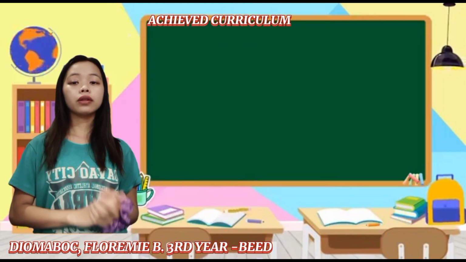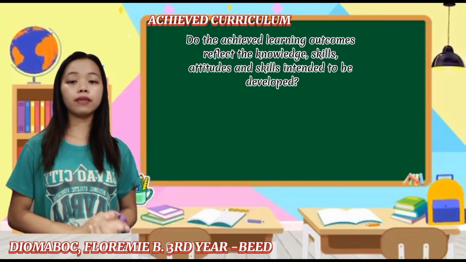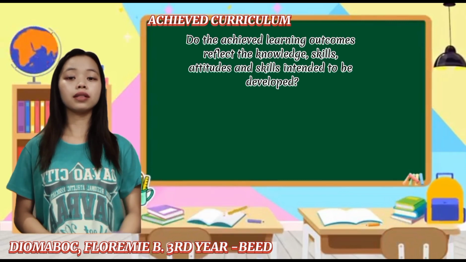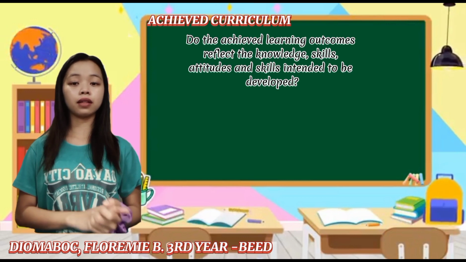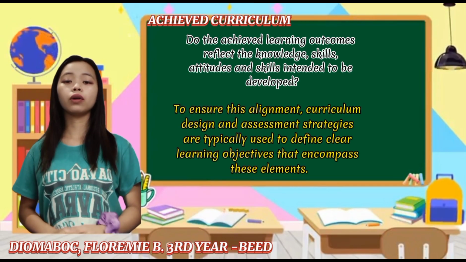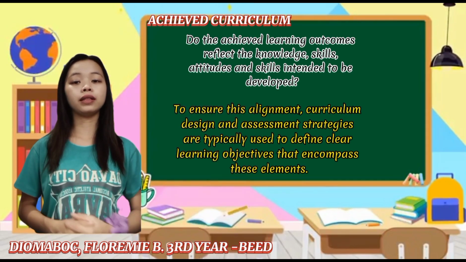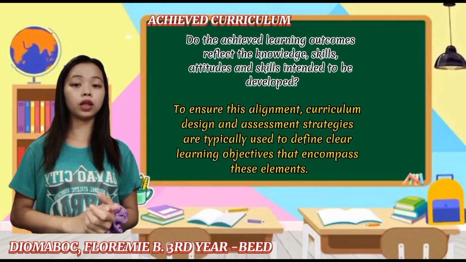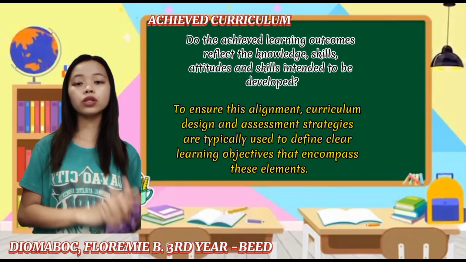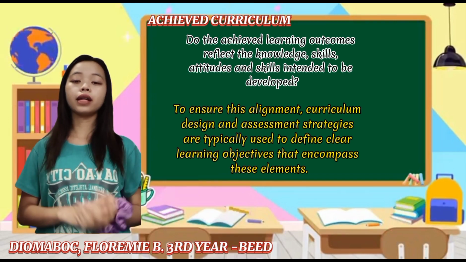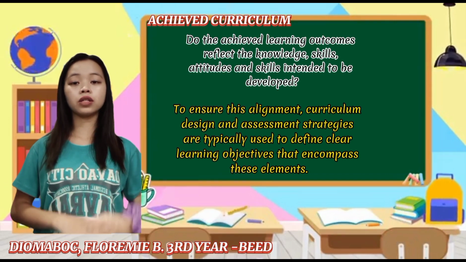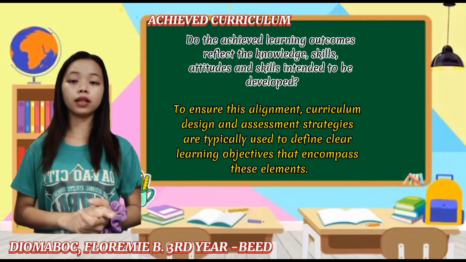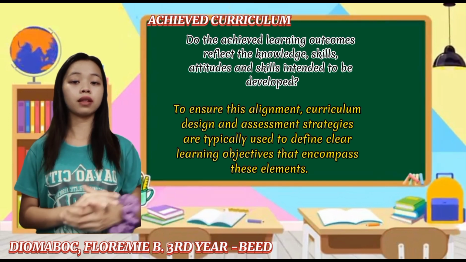The third question is, do the achieved learning outcomes reflect the knowledge, skills, attitudes, and abilities intended to be developed? Achieved learning outcomes should ideally reflect the knowledge, skills, attitudes, and abilities intended to be developed in the curriculum. To ensure this alignment, curriculum design and assessment strategies are typically used to define clear learning objectives that encompass these elements.